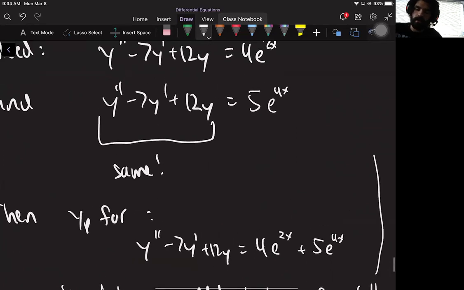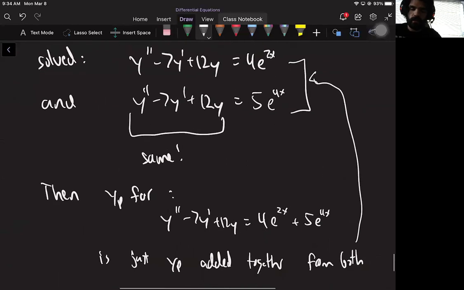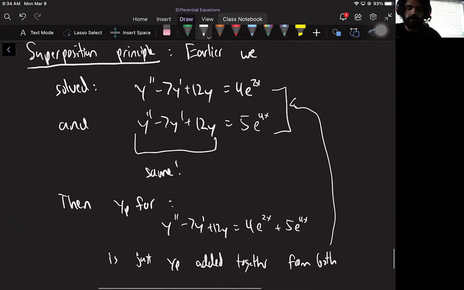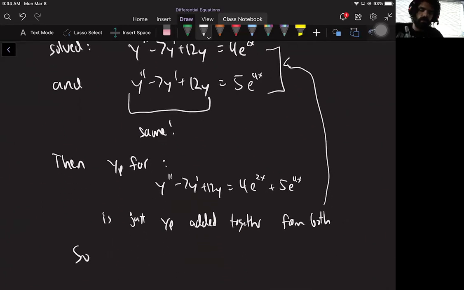The superposition principle works like this, but in more generality. I'm just giving you a specific example. So if you look back in your notes, we already figured out yp for both of these.